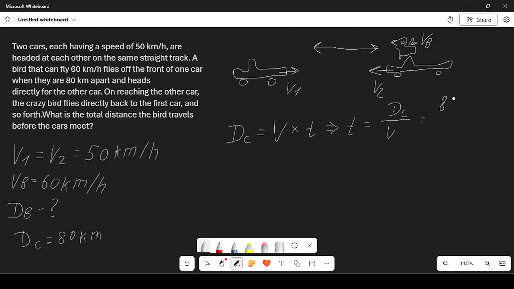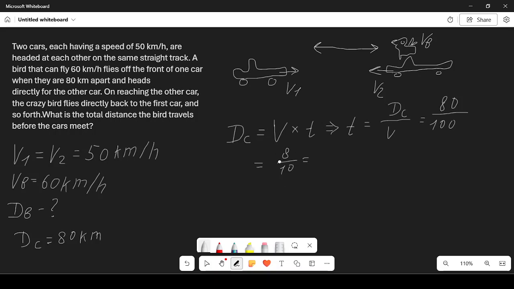Okay, and we write here 80 kilometers divided by the speed with which these cars are approaching each other, and the speed is the sum of the speeds of each of the cars. So it's 50 plus 50. So it's 80 divided by 100. So it's 8 divided by 10.